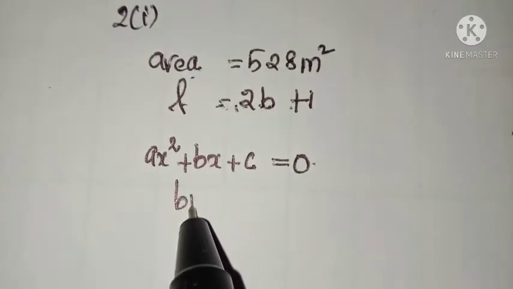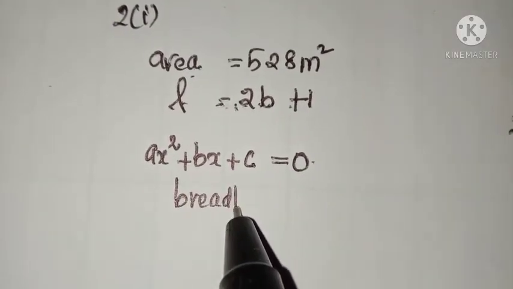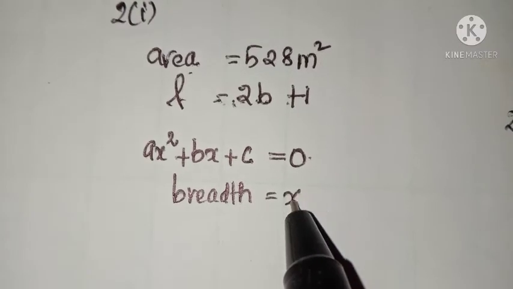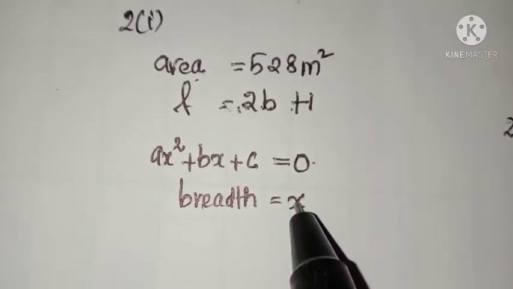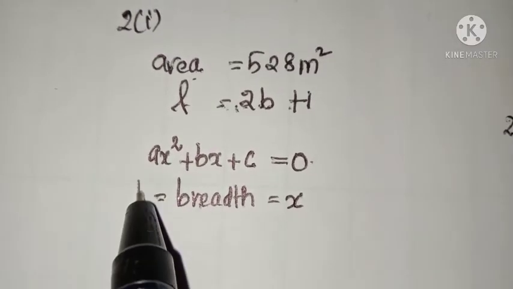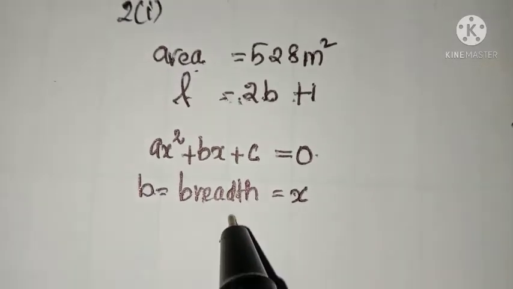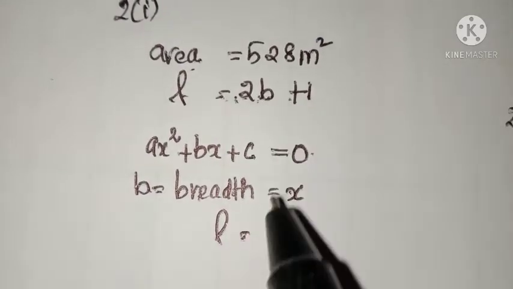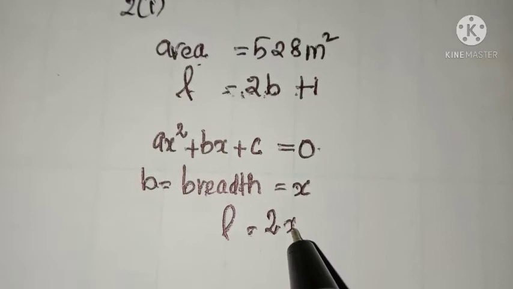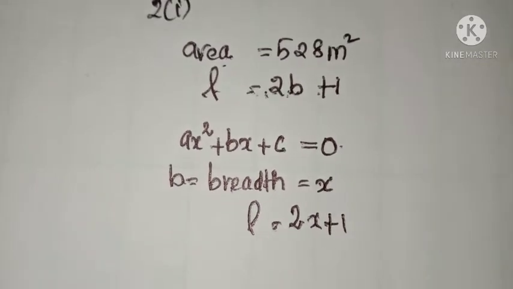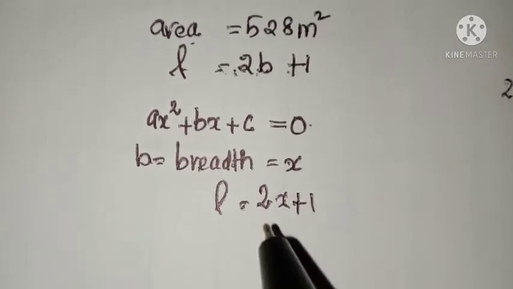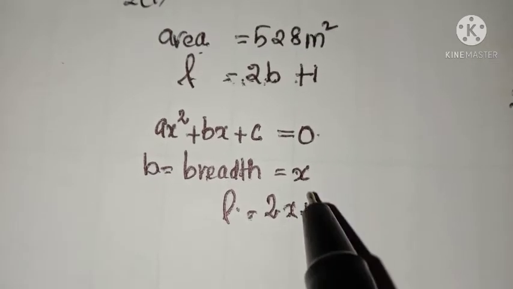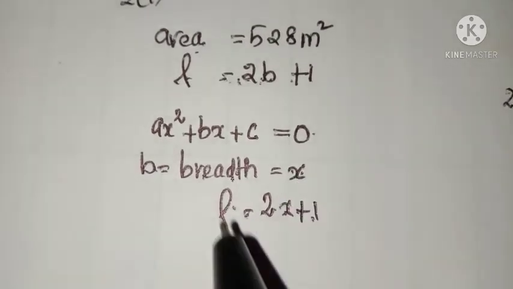So let us introduce the variable x as breadth. If breadth equal to x, then length is 2x plus 1. So length equal to 2x plus 1 and breadth equal to x.